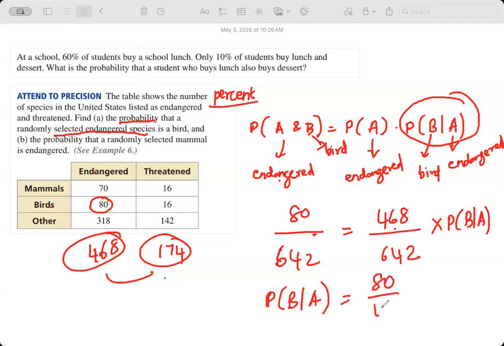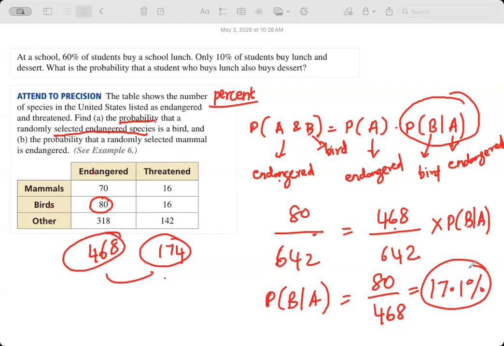So 80 by 468. Did you get this, both of you who got the answers? What was the percentage? No, sorry, I don't remember. 17.1 is the answer, right? Yeah. Srishti, how did you get 16.7? Oh, I understand. I think I just did it wrong when I was dividing it.